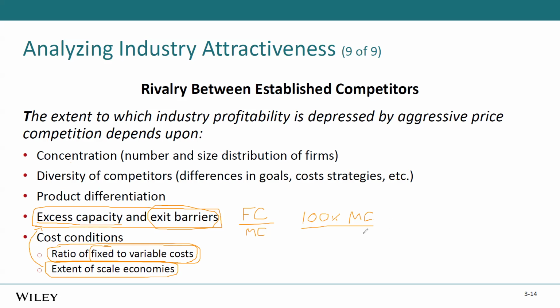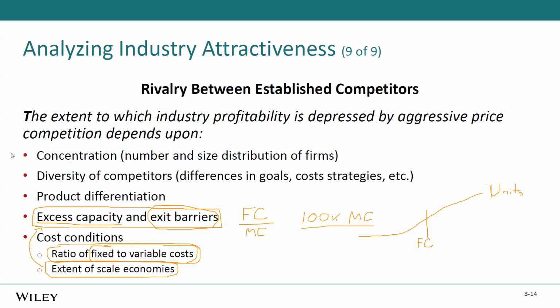But if we have fixed costs, well, at a certain point, beyond a certain level of output, let's say we break even here on our fixed costs, and now our marginal costs as demand or units produced increases, our cost per unit is actually decreasing once we pass our fixed cost break even.